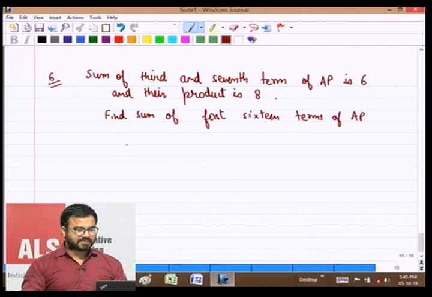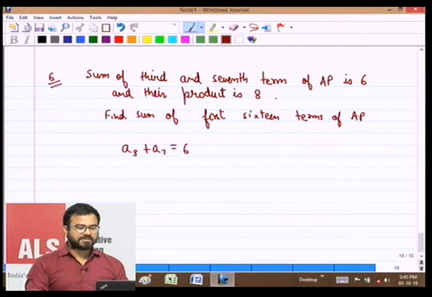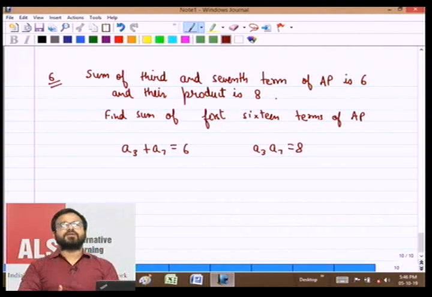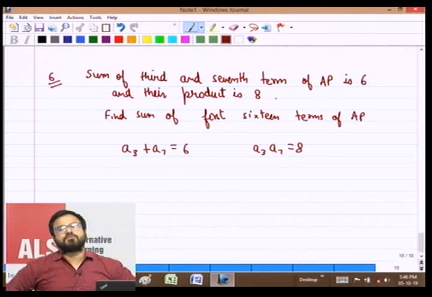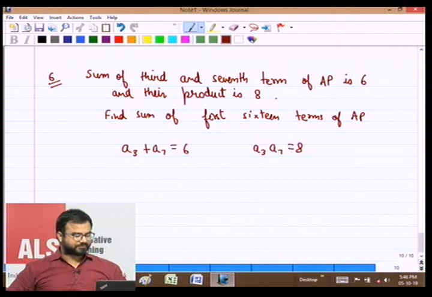So basically it is given A3 plus A7 is equal to 6 and A3 into A7 is equal to 8. These two conditions are given. Whenever we have to find the sum of any number of terms, we should know A and D. So we have to figure out what is the first term and what is the common difference.